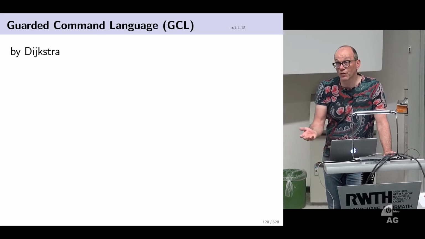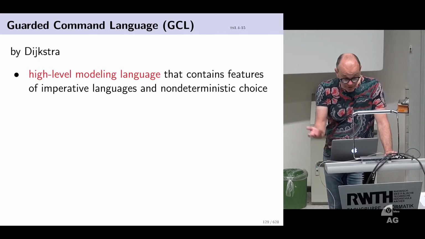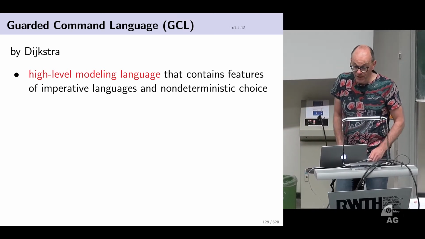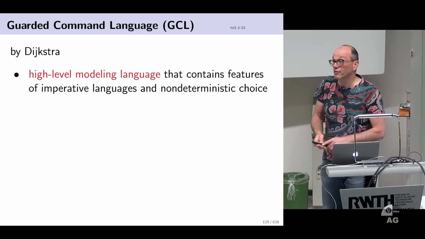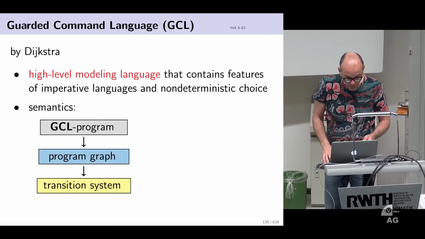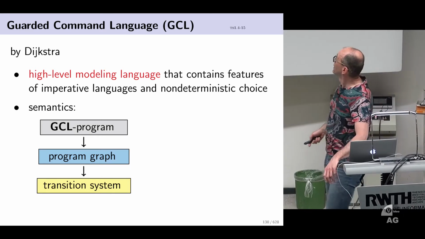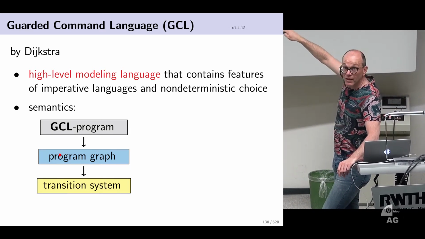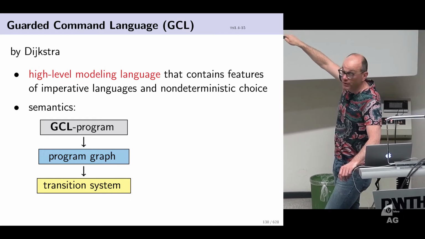Good. Now, how does this work for a typical language? So you can define something like a guarded command language, defined by Dijkstra, which is a typical kind of programming language that also contains non-deterministic choice. So the idea is the following. For every GCL program there's a one-to-one mapping to a program graph.